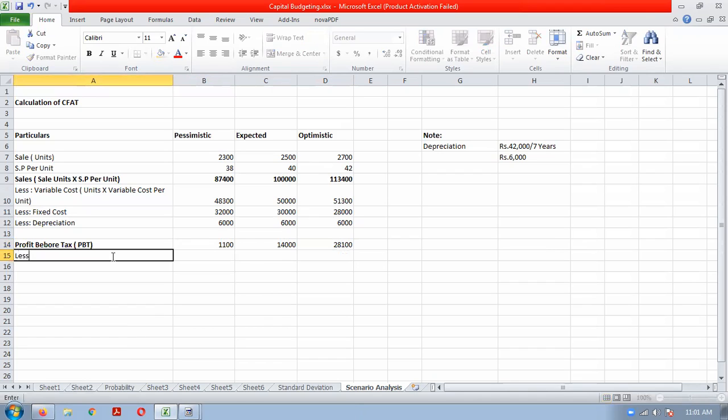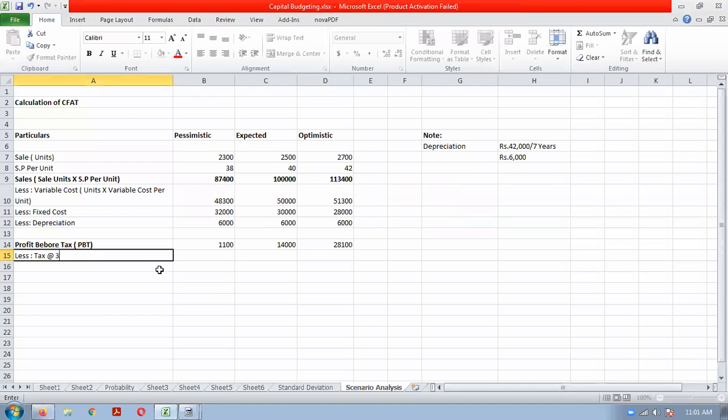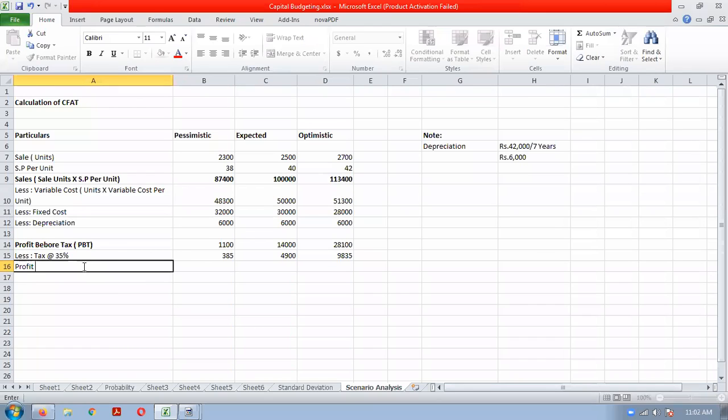Less tax at the rate of 35%. Less tax at 35% will be 35% of profit before tax. So profit after tax, PAT, will be PBT minus tax.